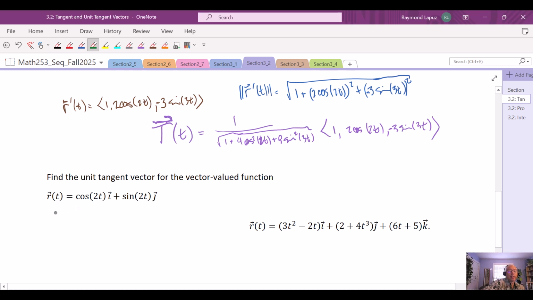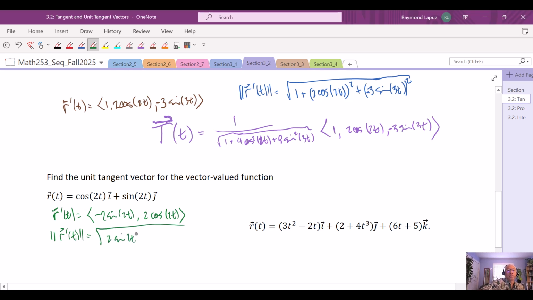Alright, so let's find r prime of t first, because that's what we've been doing, and this is going to be negative 2 sine 2t, and then the second one is going to be a positive 2 cosine 2t, and then we find its magnitude, r prime of t.